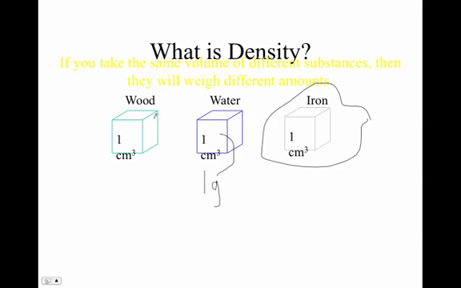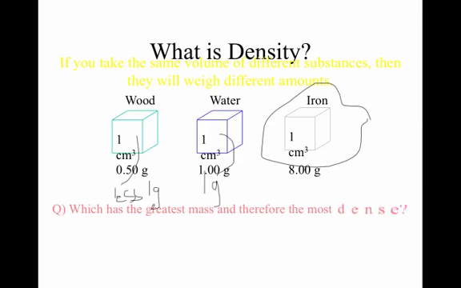Well, wood floats on water, so it's going to be less than 1 gram, given that we know floating and density are related. Less than 1 gram. In fact, 0.5, 1 gram, and of course, this is the highest, 8 grams. So, which has the greatest mass and therefore the most dense? Iron.